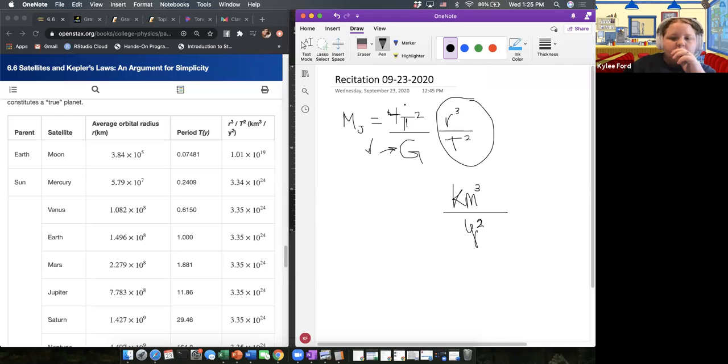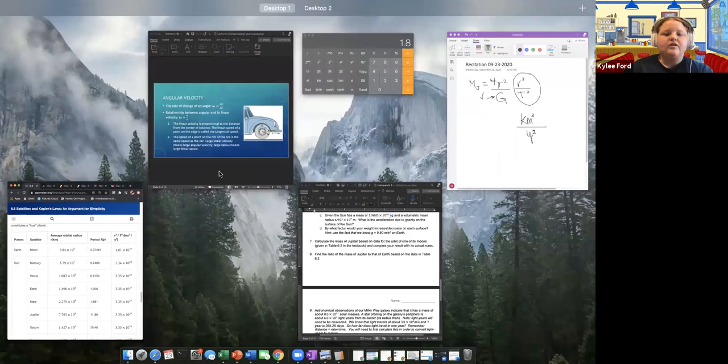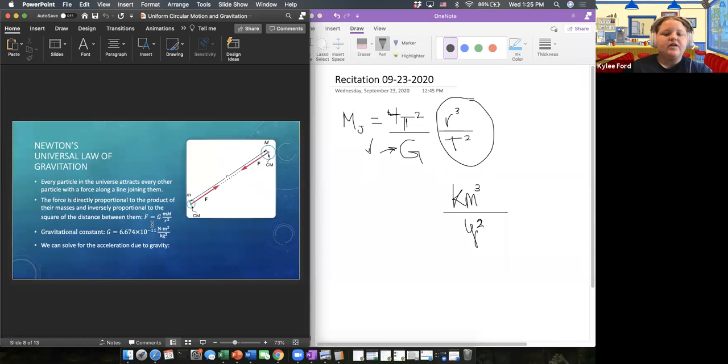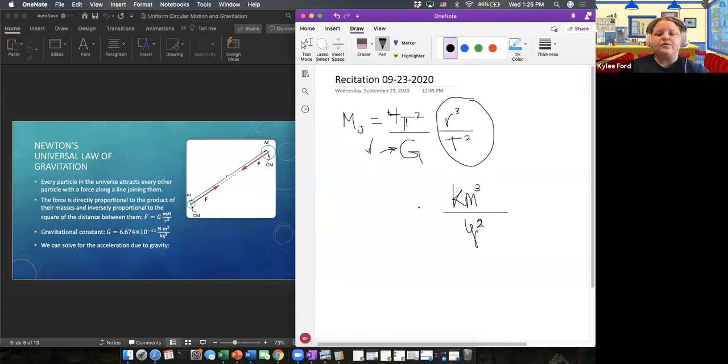And when we're looking at our gravitational constant, G, I'm going to go over here real quick. My units for G are going to be Newton meters squared divided by kilograms squared.